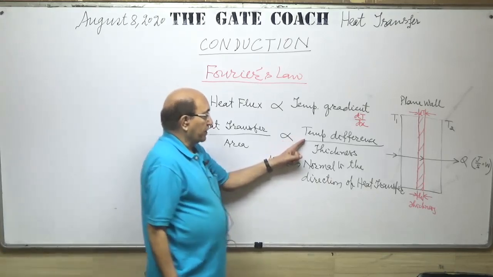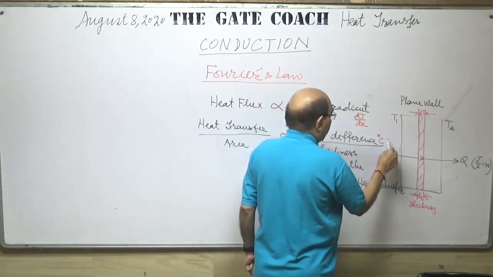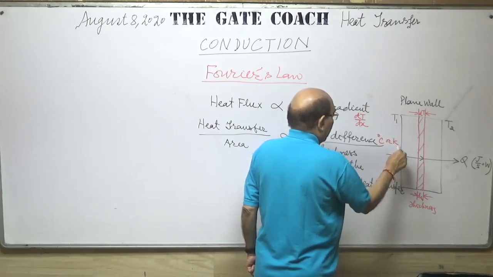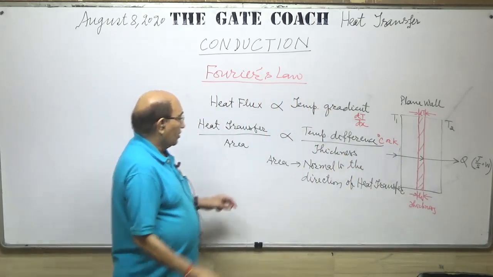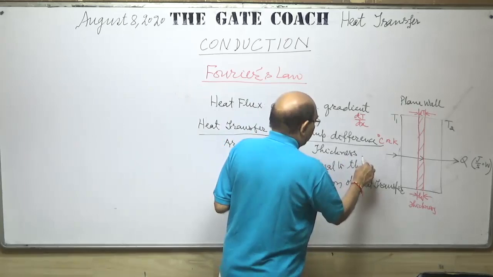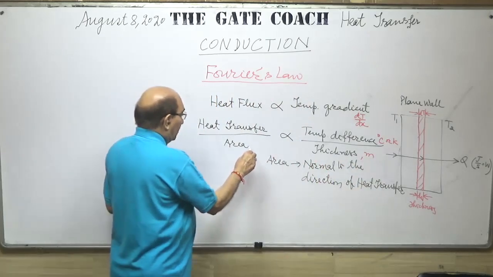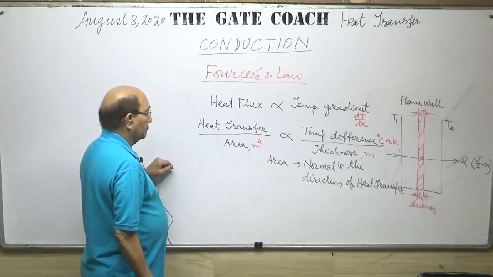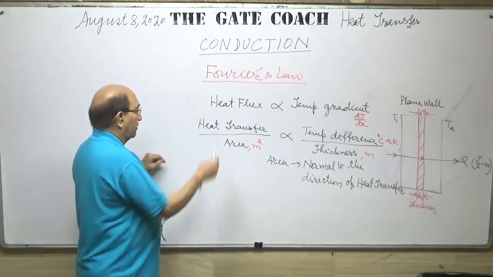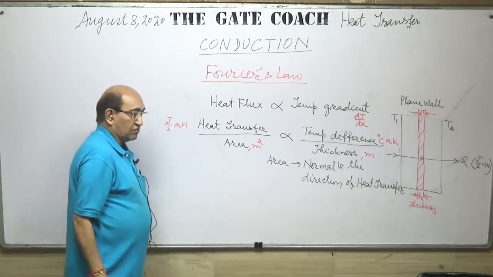Since it is a temperature difference, you write in degree centigrade or you write in Kelvin, it is immaterial. And thickness shall be in terms of meters. Area shall be in terms of meter square. And heat transfer shall be, as earlier discussed, joule per second or which is called as watt.